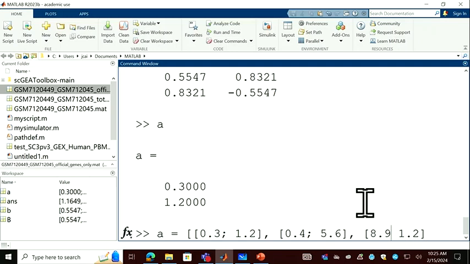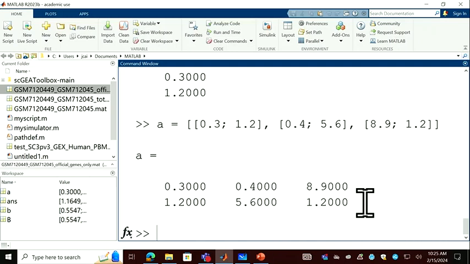So here I give 3 dots, 3 vectors, so 3 data points, rather than just A.